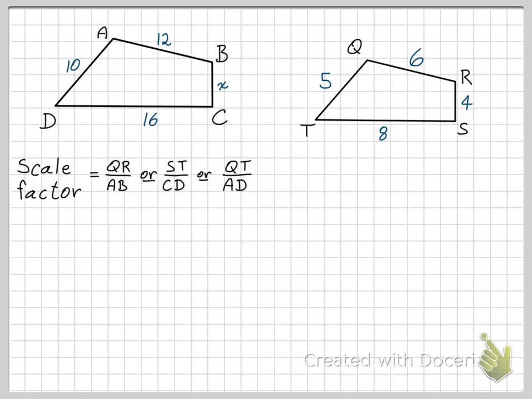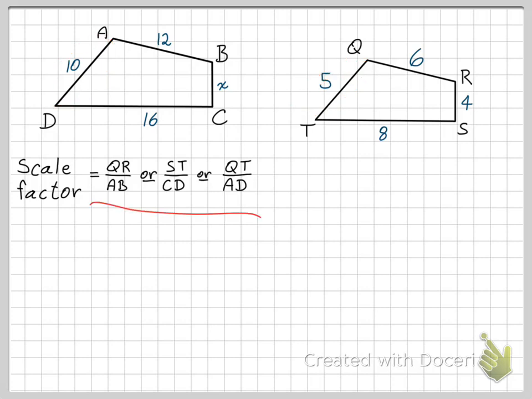So we have QR corresponding to AB. We can divide those two and get the scale factor, or we can do ST divided by CD and get the same scale factor as well. Or we can go QT divided by AD and we should get the same number as well.